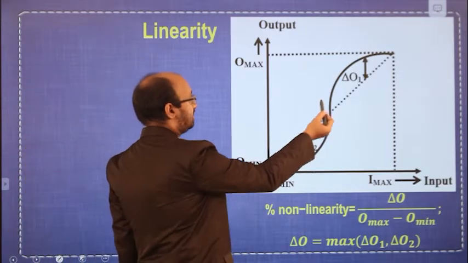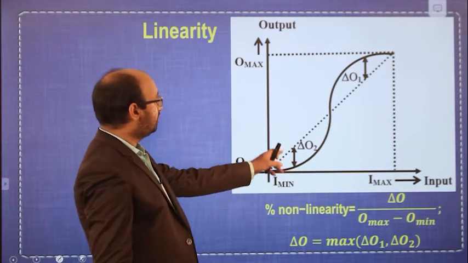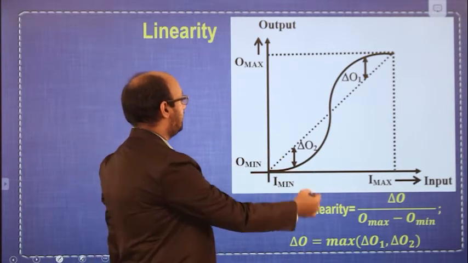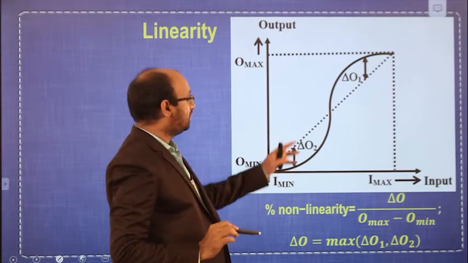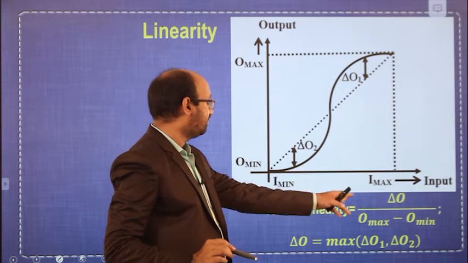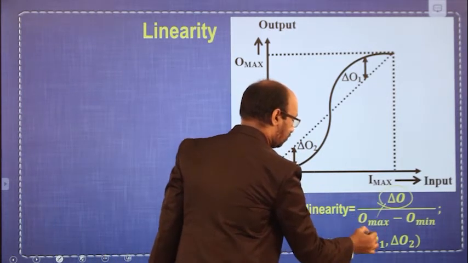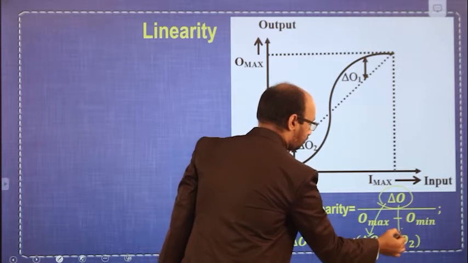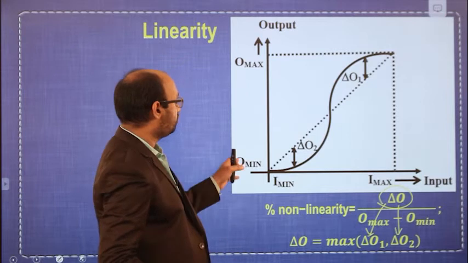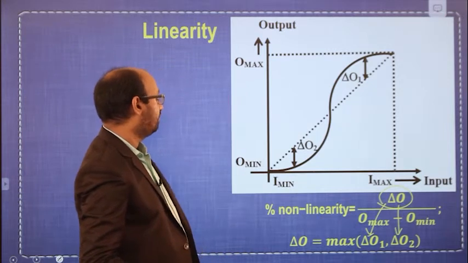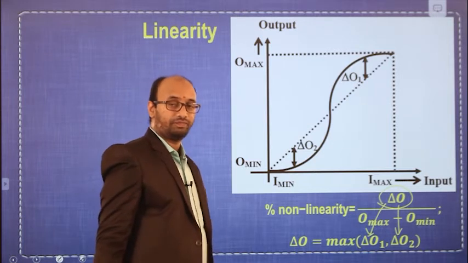We have the ideal straight line and the measured output. We observe the maximum deviation. There are two deviations, delta O1 and delta O2. Whichever is maximum, we consider that deviation, delta O, in the numerator, divided by the output span, the difference between Omax and Omin. This will give us the percentage of non-linearity.